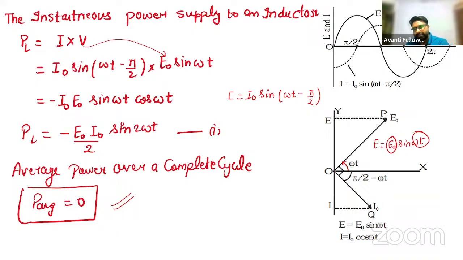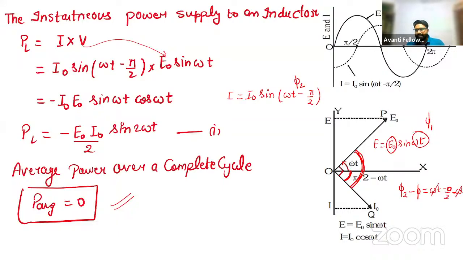So this angle is 90 degrees, and this total angle is 90 degrees. The phase difference between I and E: let's say phi 1 is omega t and phi 2 is omega t minus pi by 2. So phi 2 minus phi 1 would be omega t minus pi by 2 minus omega t.